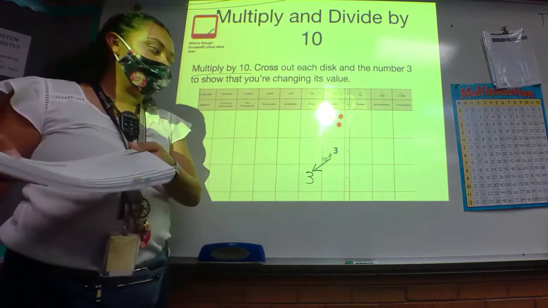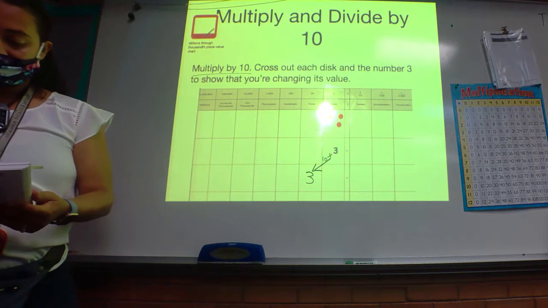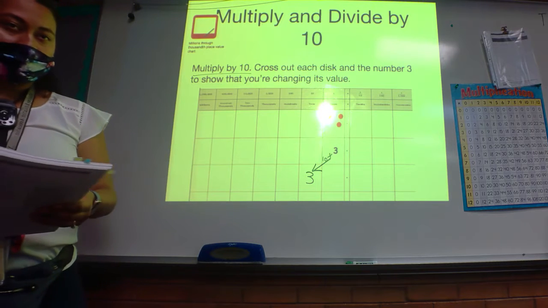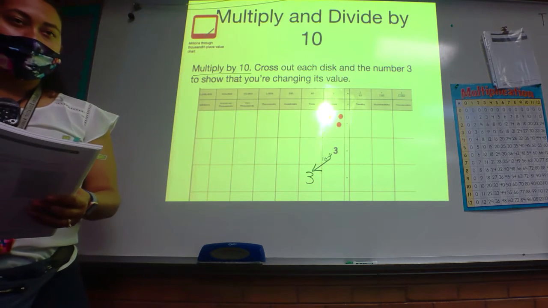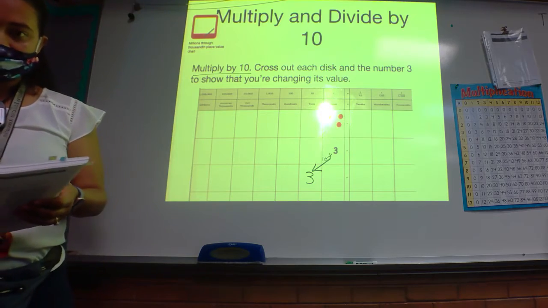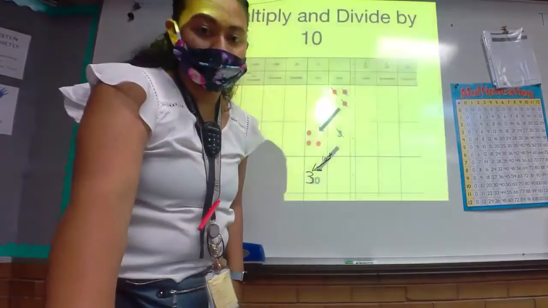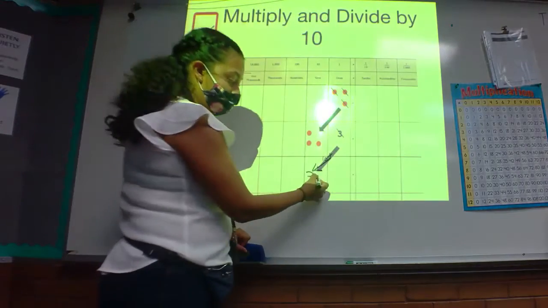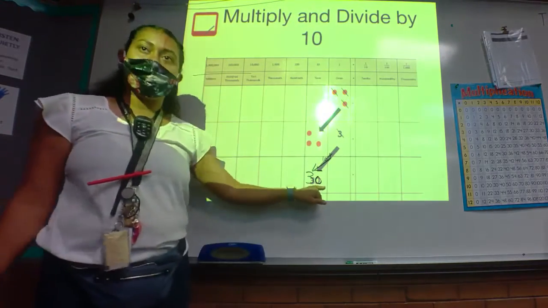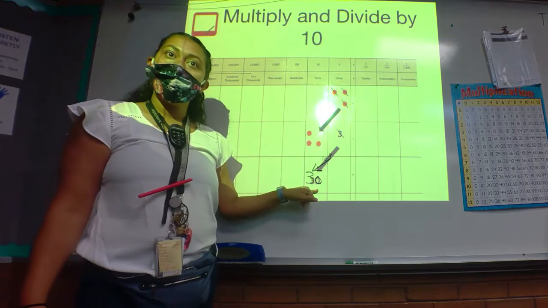Do you agree? 3 times 10 equals 3 tenths? Or 30. Okay? So now we have 30 in standard form. Do you agree 3 times 10 is 30?